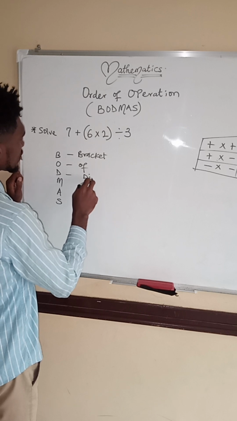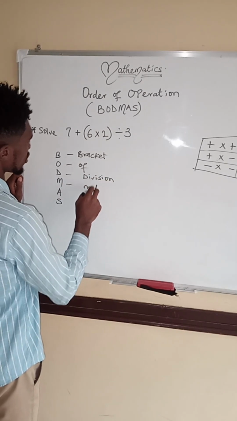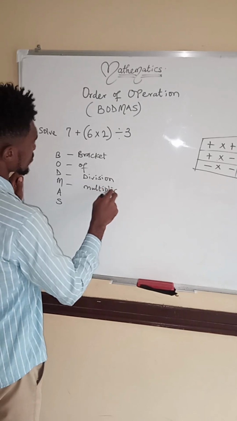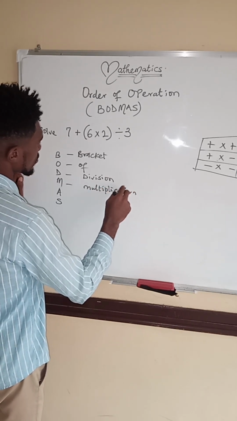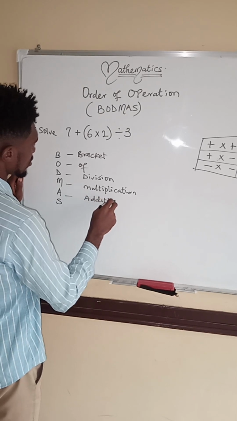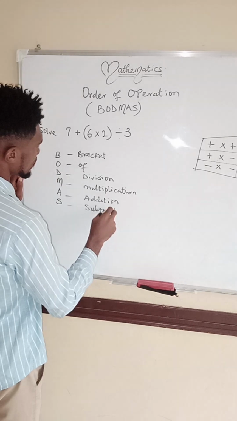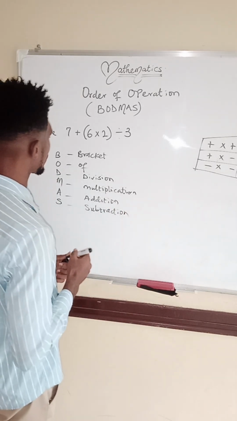D is division. M is multiplication. A is addition. S is subtraction. Right?